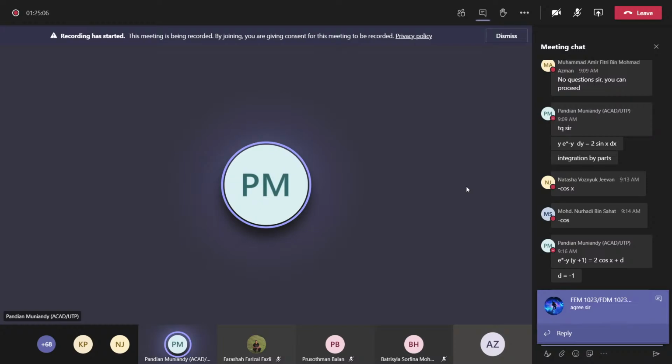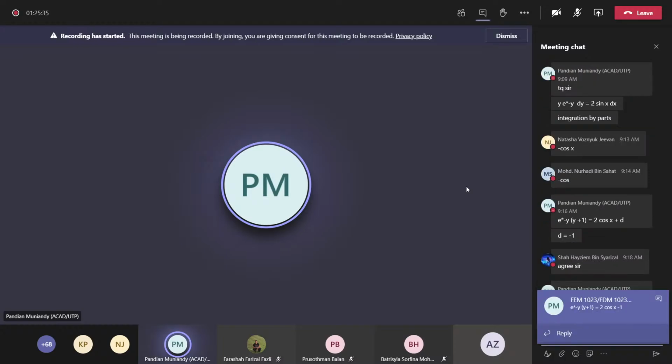So you must write the final answer like this: e power minus y, in the bracket y plus 1, close bracket, equals to 2 cos x minus 1. This is the complete answer, class.